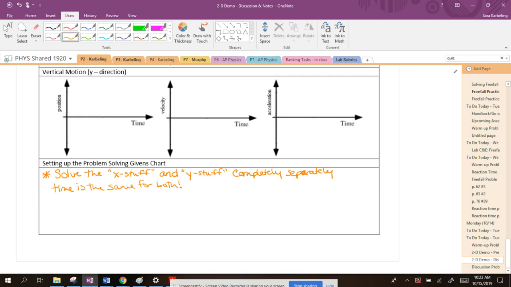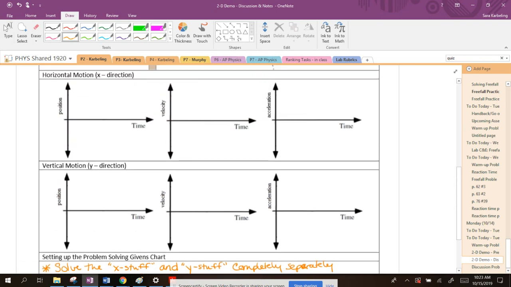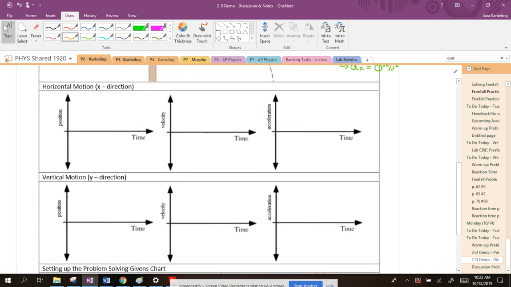Before we do that, though, you may have noticed that there are some graphs there. Do you see those graphs? You've probably gathered that we like graphs, right? I would like for you, you've got a few minutes, to look, Natalie, which do you want to do, x or y first? You get to pick. She wants to do x first. I want everybody to look at these horizontal motion graphs.